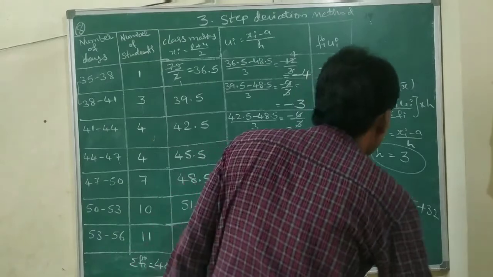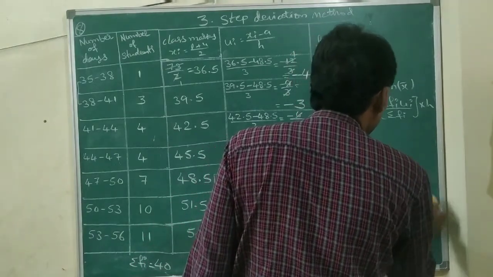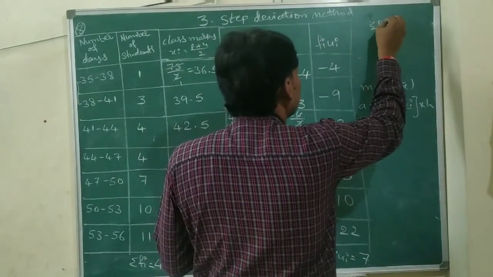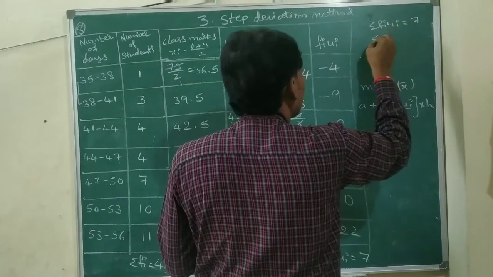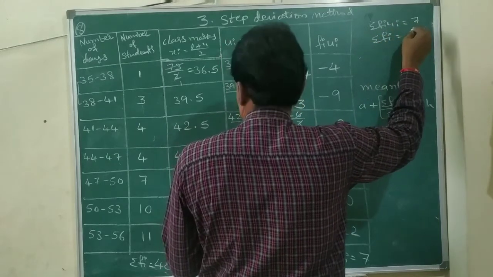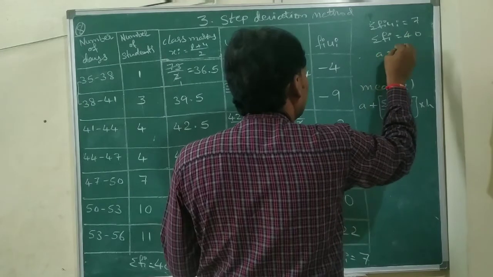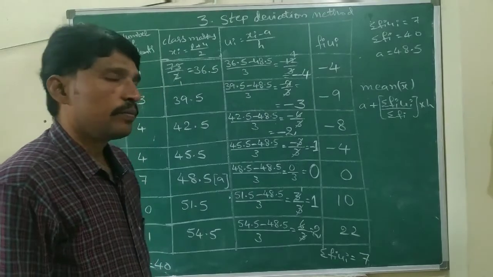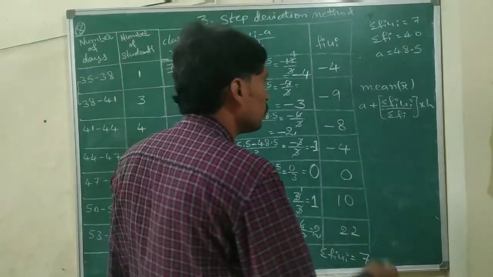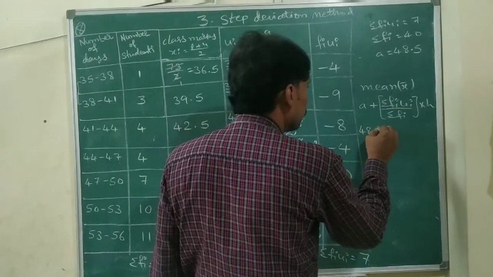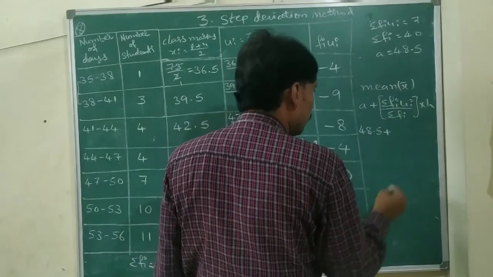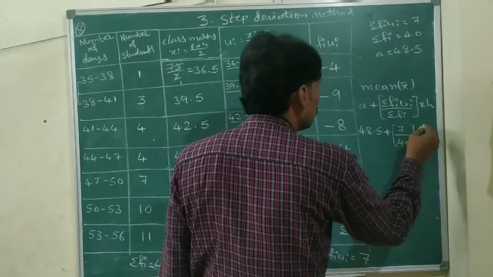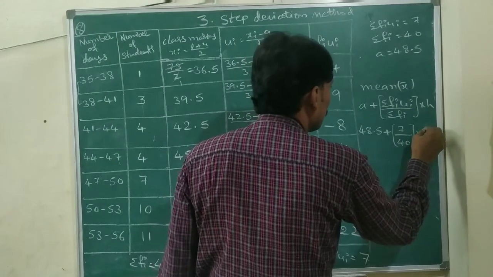Now we need to apply all these values in the formula. Sigma Fi Ui equals 7, sigma Fi equals 40, and the A value we took is 48.5. So the mean x bar equals A plus sigma Fi Ui by sigma Fi, into H. That is 48.5 plus 7 by 40 into H, where H is 3.